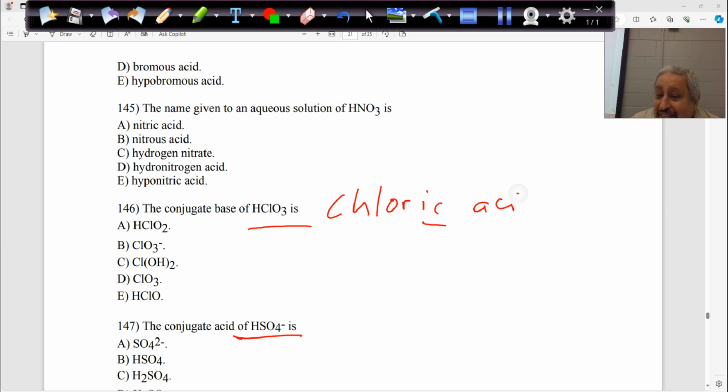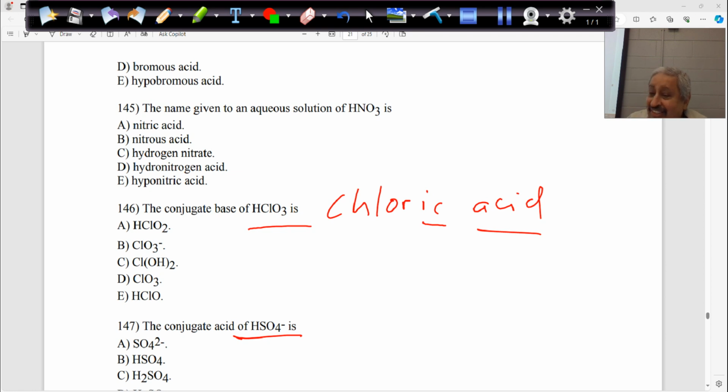Chloric acid. There is a space between chloric and acid, but chloric is one word. It's the ic acid, so chloric acid. So what will be the conjugate base of chloric acid? It was originally an acid that lost what? Its proton.